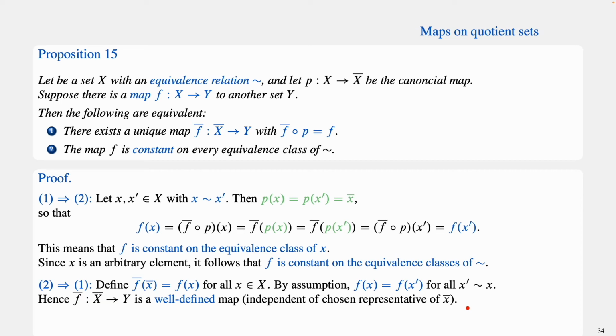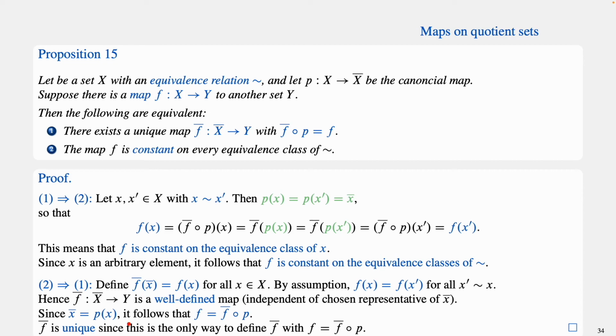And now we need to show that it indeed has this property here. Now x bar is nothing else but p of x, so the canonical map applied to x. And since we defined it in this way, it immediately follows that f is equal to f bar composed with p.